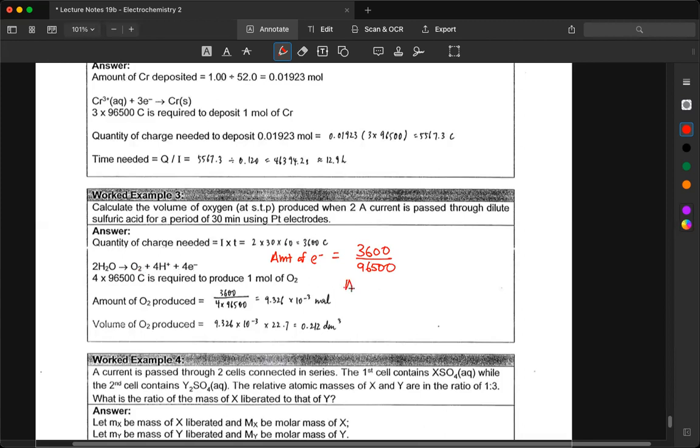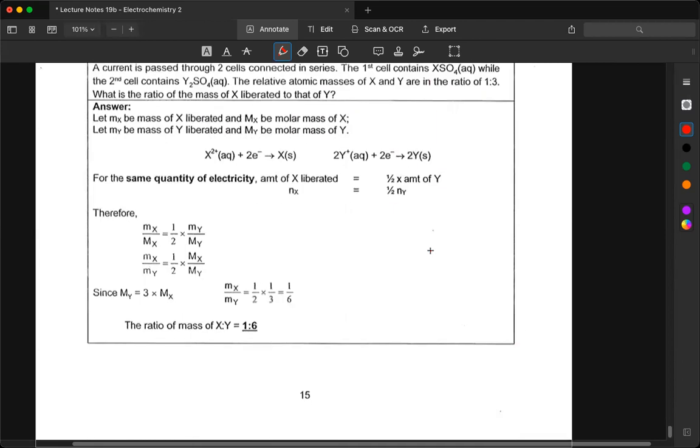So the amount of oxygen is just the mole ratio. This is another way of doing it. Likewise, for the volume, you can just use the STP, not RTP. So it's 22.7 to get the volume of oxygen.